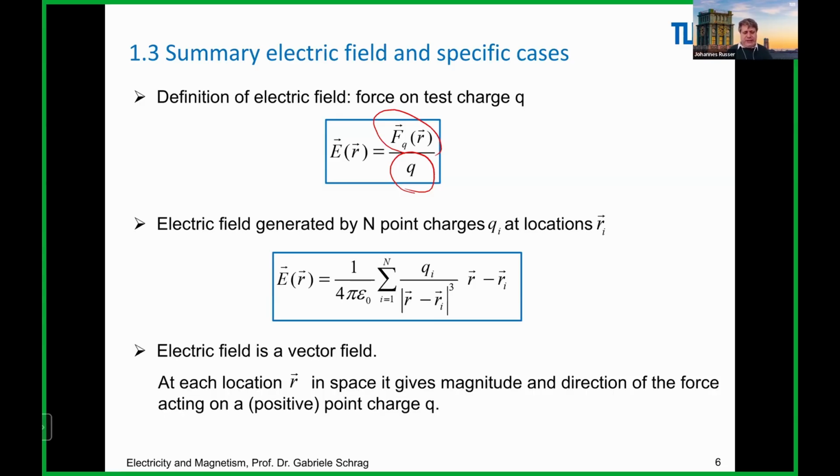The electric field is like the force field, a vector field, and at each location R in space is given by a magnitude and a direction.